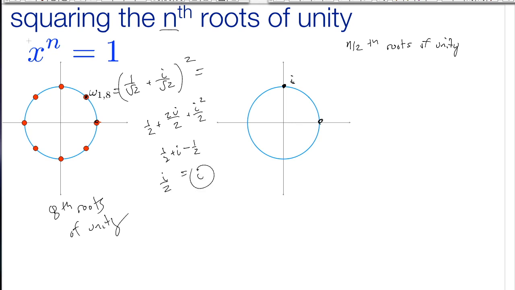The point is, when you take each of these points, squaring is like rotating it another 45 degrees. So if you square this value, you come to right over here. If you square this top value, which is i, you come to -1, which would be right here, right? i squared is -1. If you square this value, you move 3 over here.